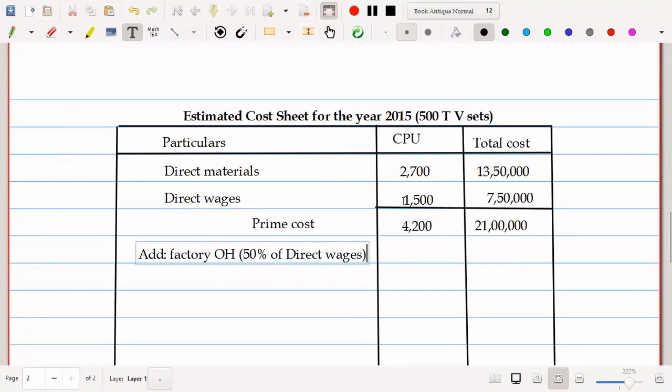So here direct wages is 1500, and 50% of it is 750. 750 per unit. So when we multiply this with 500, it comes to 3,75,000. Let's add this together.